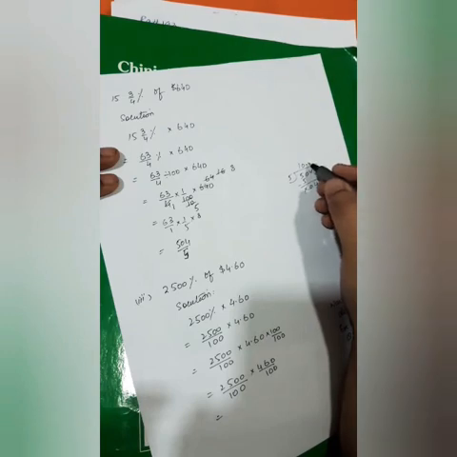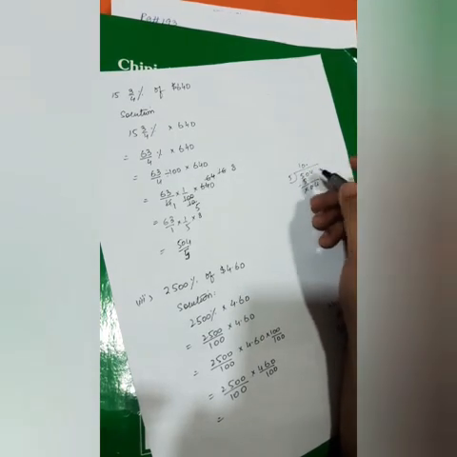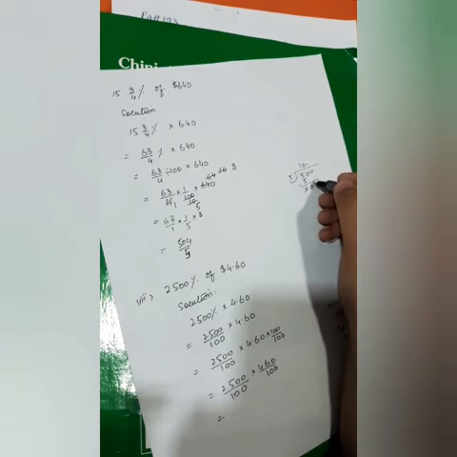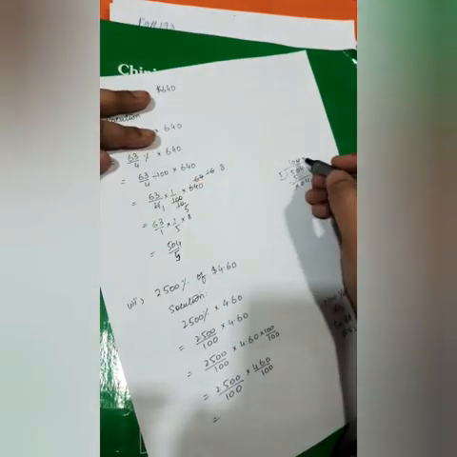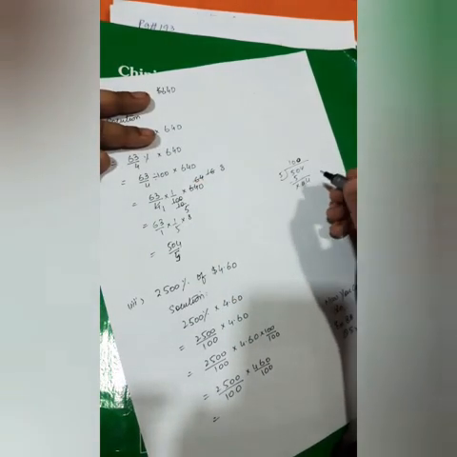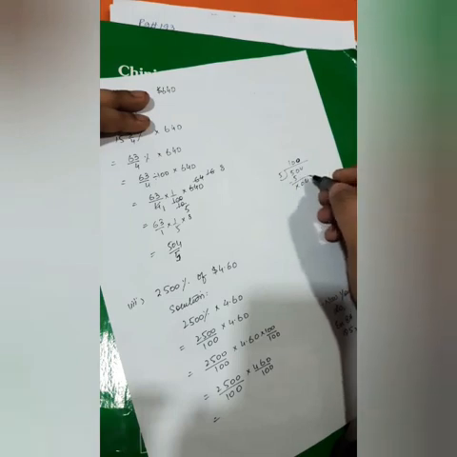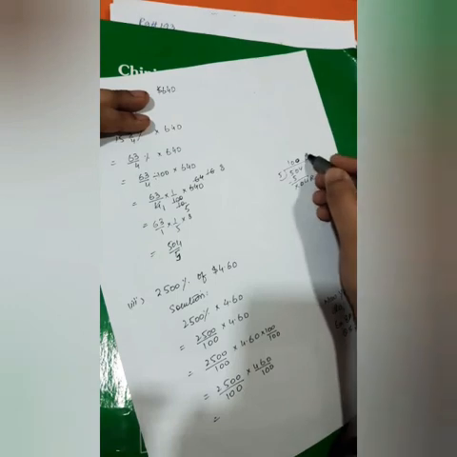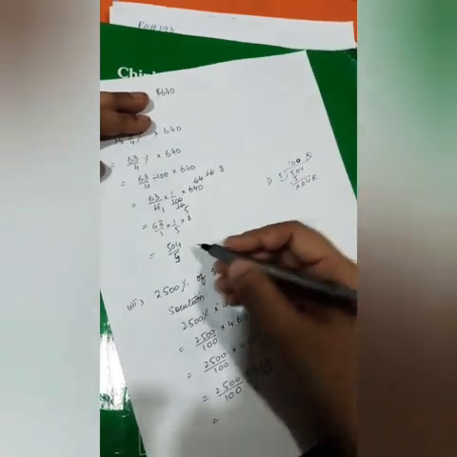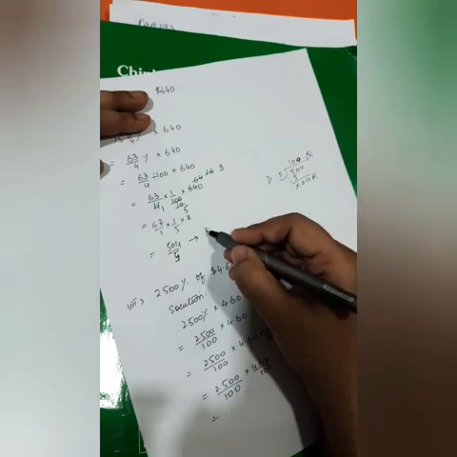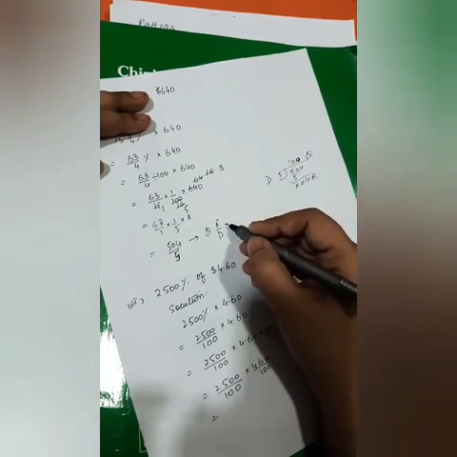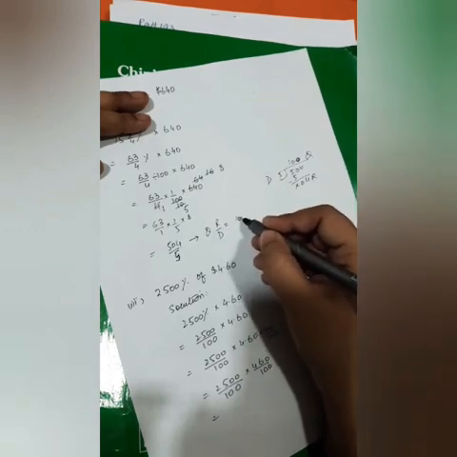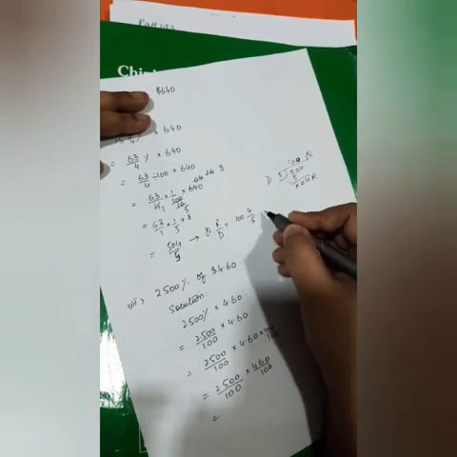What will be remaining? 5 ones are 5, 0 0 as it is, so I am going to put the 0 over here also. The remaining is my remainder, this is my quotient, and this is my divisor. So QRD: quotient, remainder and divisor. So the quotient is 100, and the answer is 100 4 upon 5.